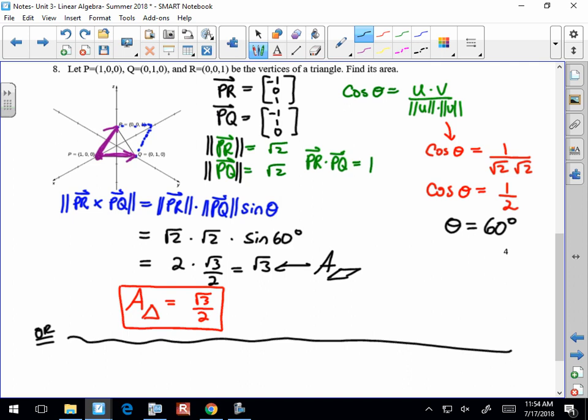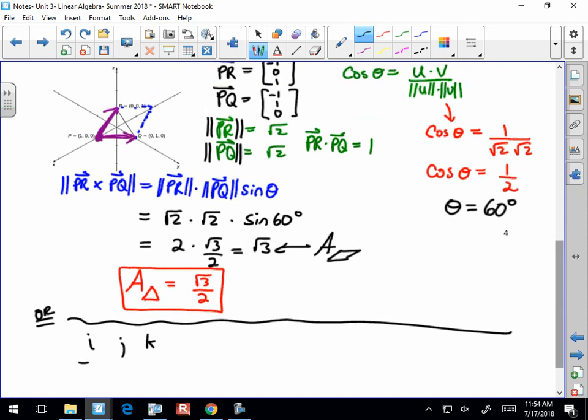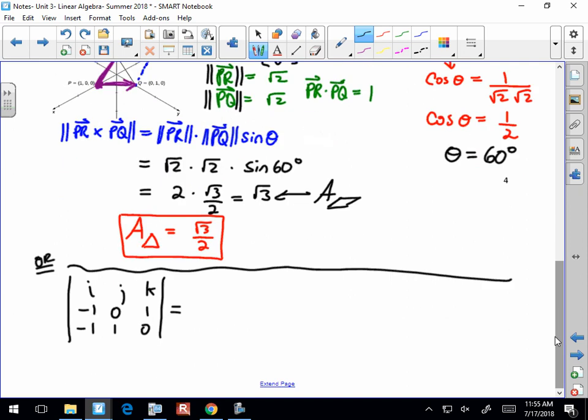Or, like I said, you could have done it with the cross product, with your two vectors. So negative i. Let me look at this guy. Diagonal down, diagonal up on those two.